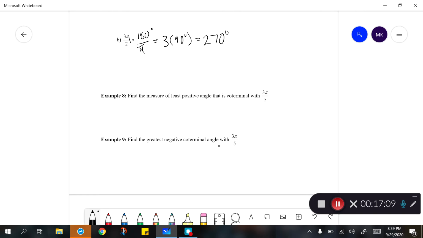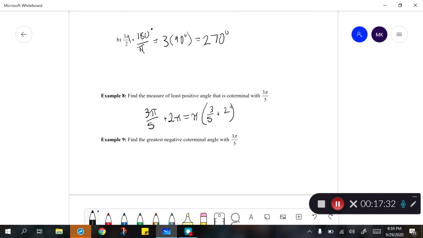So what we're going to do is take 3 pi over 5 and add 2 pi. What's nice is both of these have a pi, so I can factor that out, and I get pi here, and then I have 3/5 plus 2. Oh man, fractions.